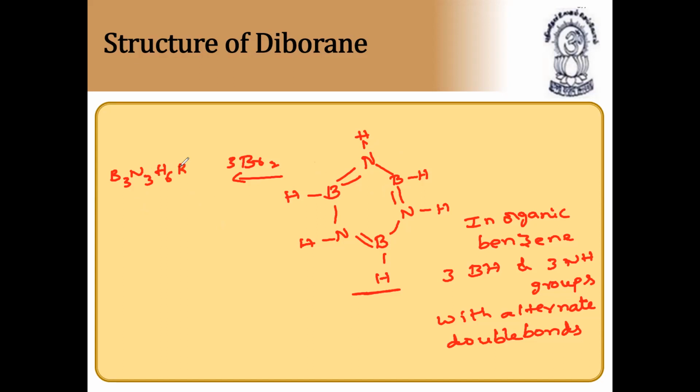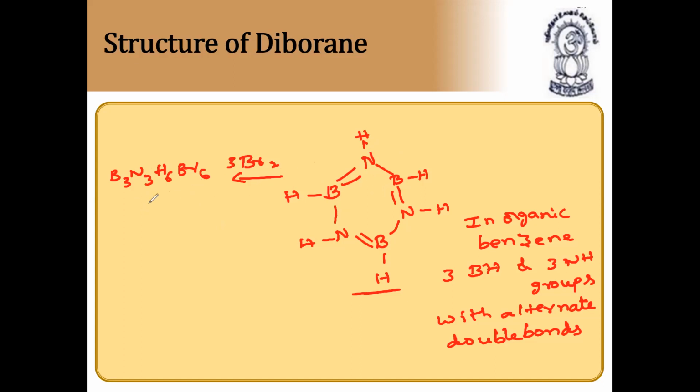So it forms B3N3H6Br6. With each double bond on boron and nitrogen, bromine will be added. So it forms B-tribromoborazine or N-tribromoborazine.